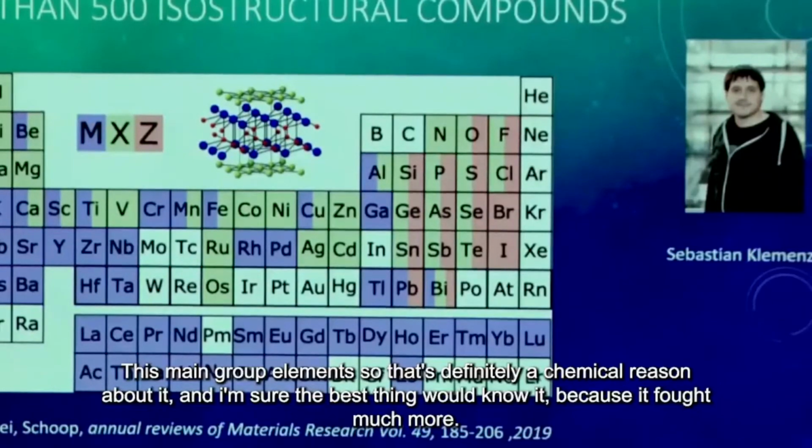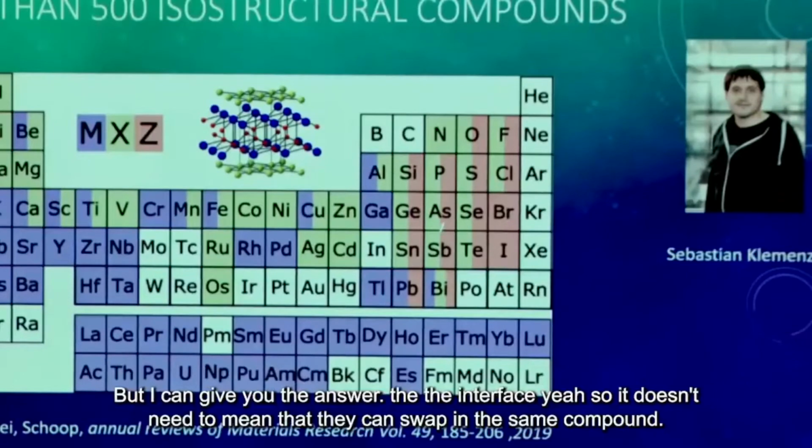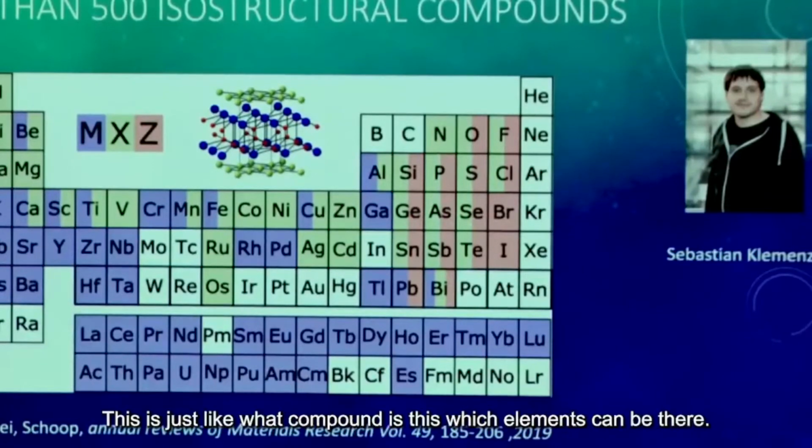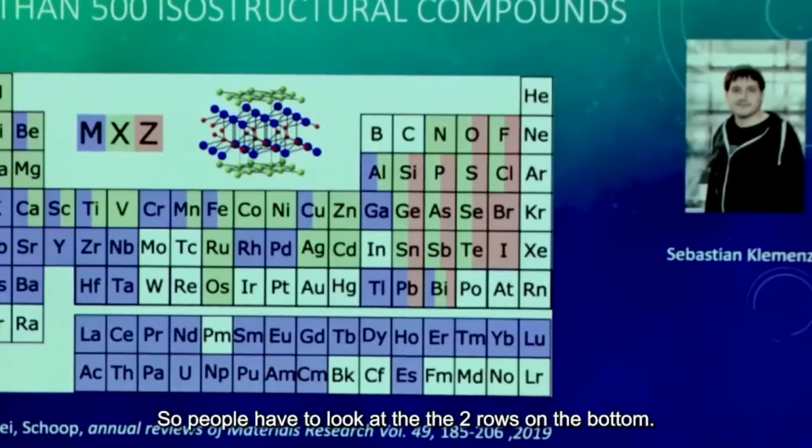So there's definitely a chemical reason about it, and I'm sure Sebastian would know it because he thought about it much more than I, but I can give you the answer. The interface here doesn't need to mean that they can swap in the same compound. This is just what compounds exist and which elements can be there. So you would have to look at the tables of compounds to actually see.